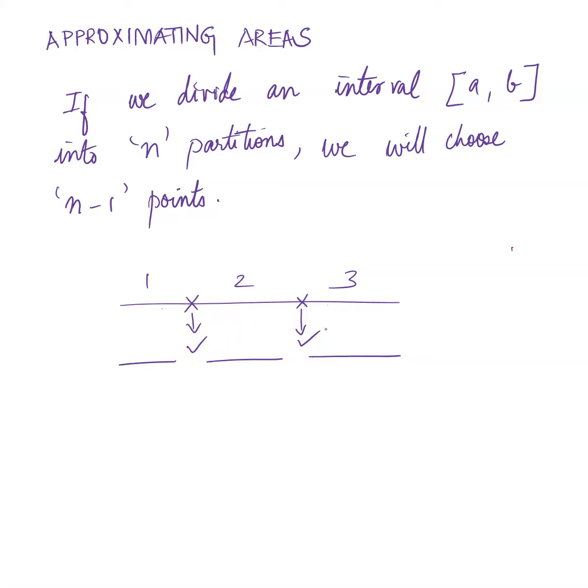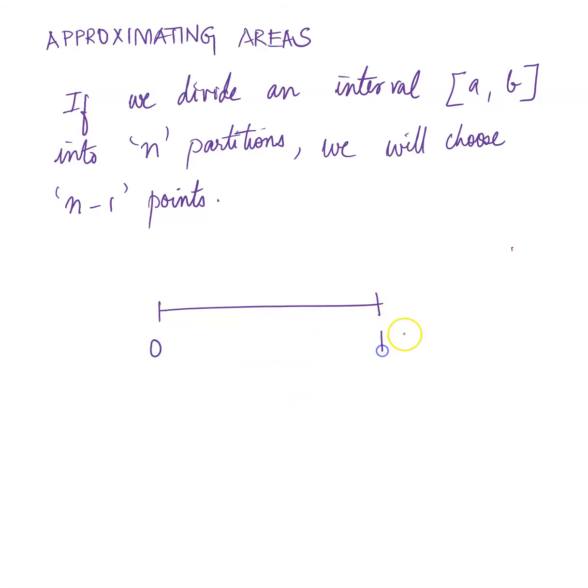So if I want n partitions, I need n minus 1 points to break it into n parts. And that is true, right? We did this example where we divided this region into 4 parts. Okay, I want to break this into 4 parts. We did 1 minus 0 over 4 and we got 1/4. Right?